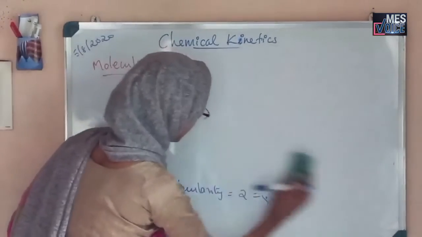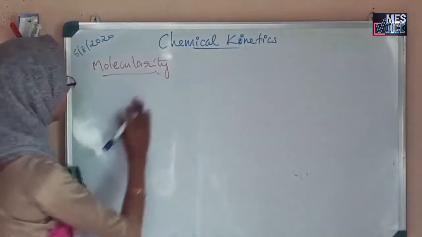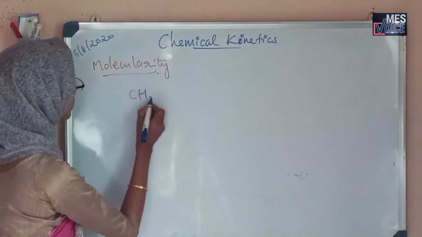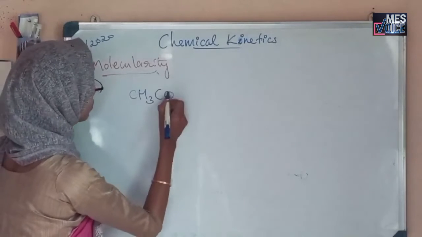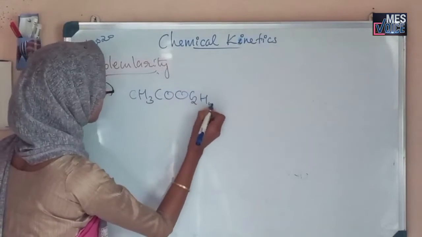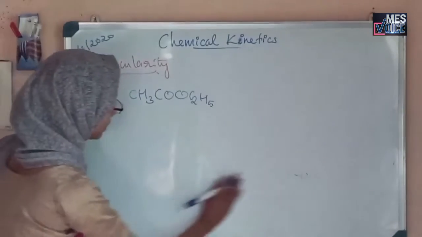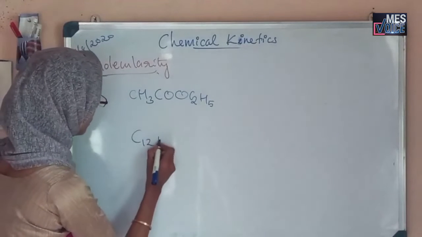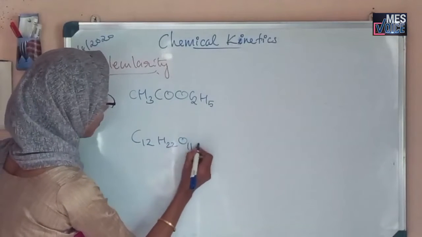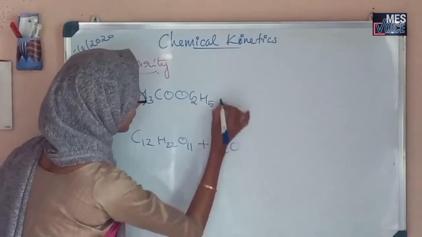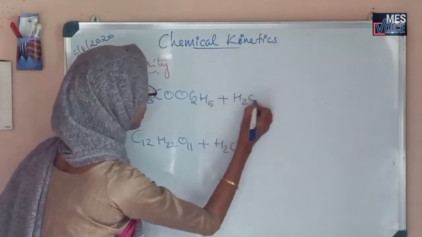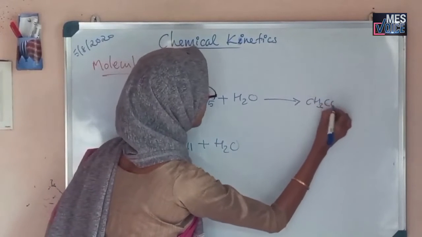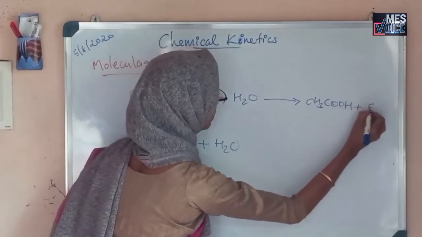Then consider another reaction, a simple reaction, that is the acid hydrolysis of ethyl acetate and inversion of cane sugar, C12H22O11, or hydrolysis of cane sugar. Here it is also hydrolysis, and we get acetic acid, CH3COOH, plus ethanol.